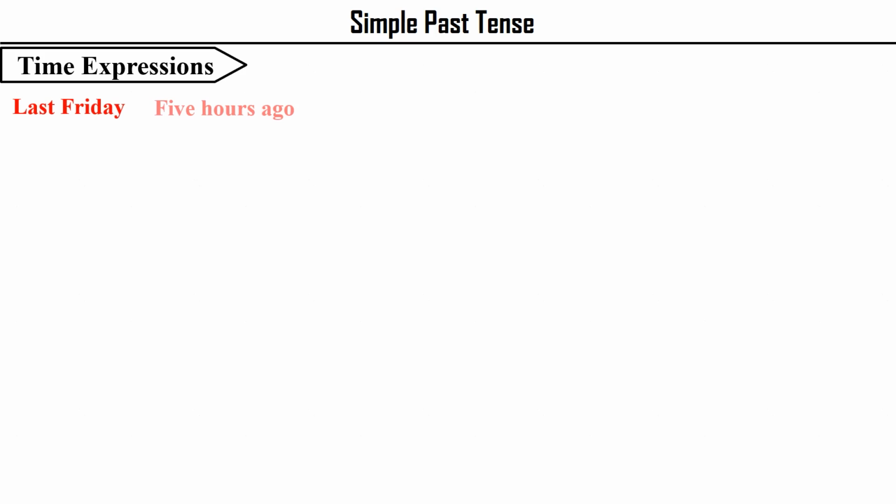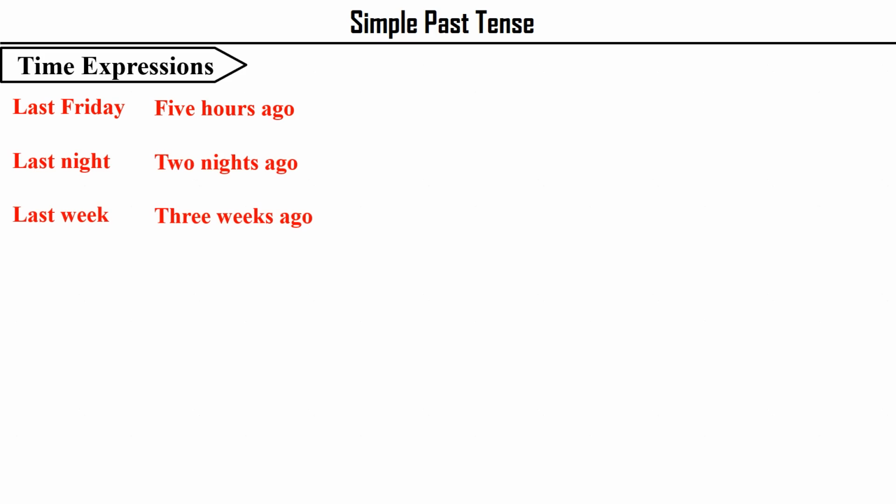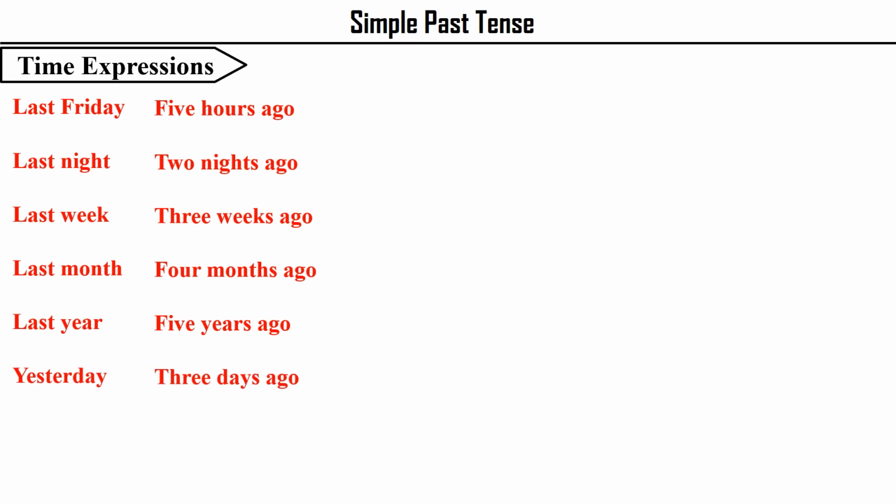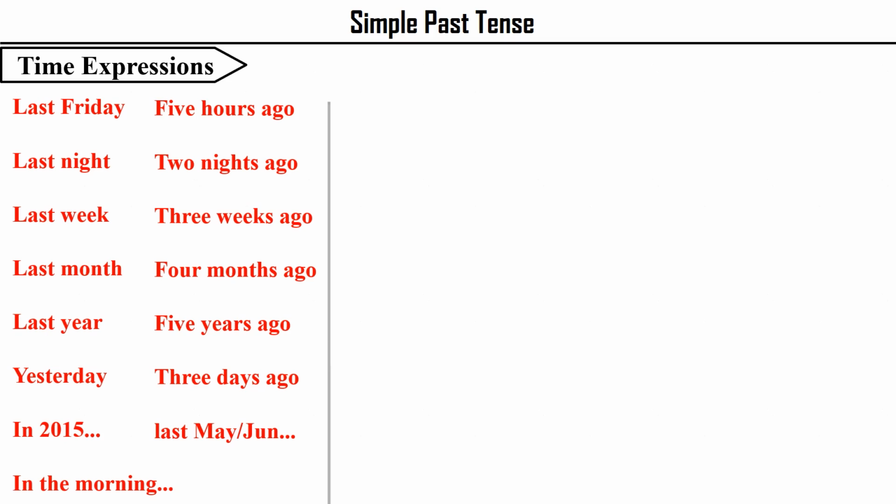They are like last Friday, 5 hours ago, 10 hours ago, last night, 2 nights ago, 10 nights ago, last week, 3 weeks ago, 4 weeks ago, last month, 4 months ago, 5 months ago, last year, 5 years ago, 10 years ago, 100 years ago, yesterday, 3 days ago, the day before yesterday, in 2015, in 2016, in 2019, etc. Last May, last June, on June 15, on June 16, in the morning, in the evening, in the afternoon, etc. There are many types of finished time expressions.